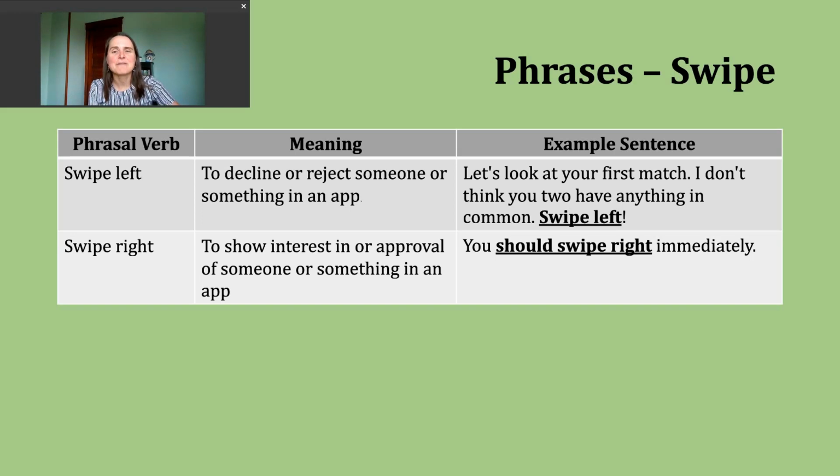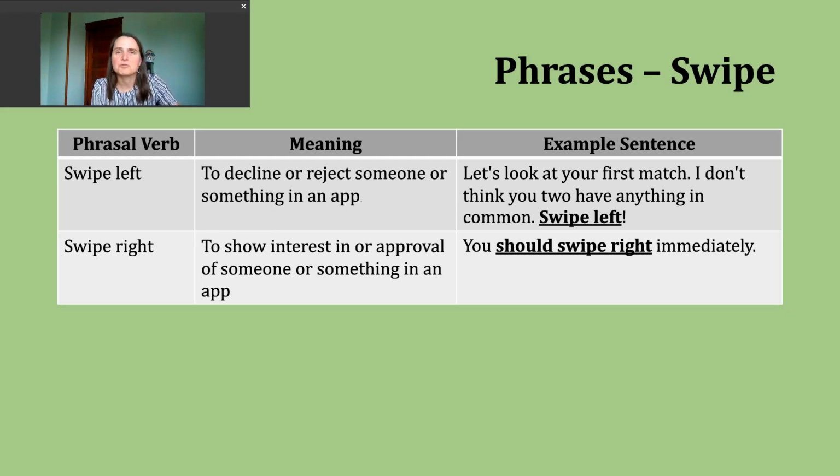I'm going to continue using the dating context. My example sentence here says, let's look at your first match. I don't think you have anything in common. Swipe left, right? So maybe if you've used it, you've had friends review with you who might be a good fit for you.